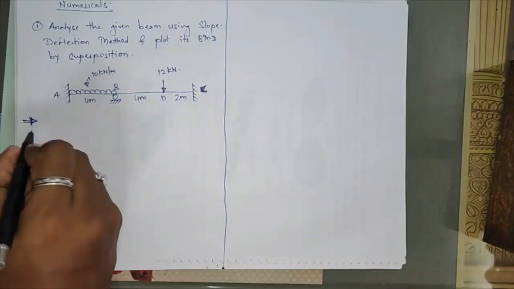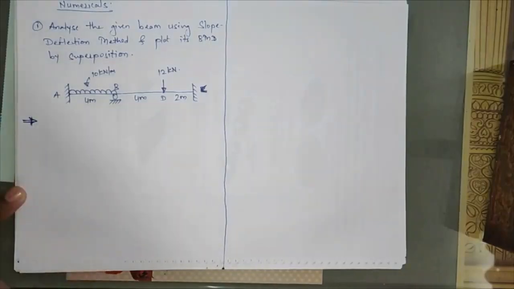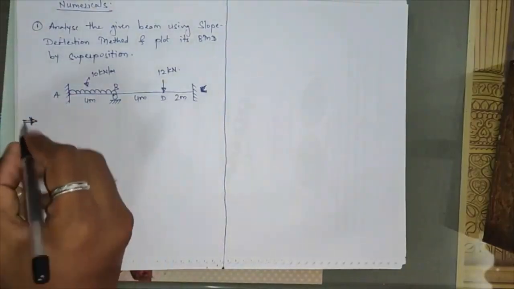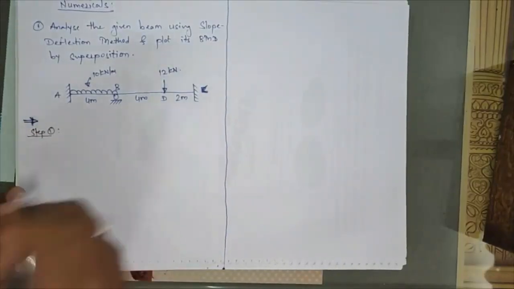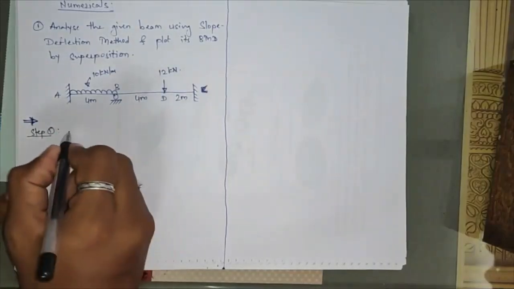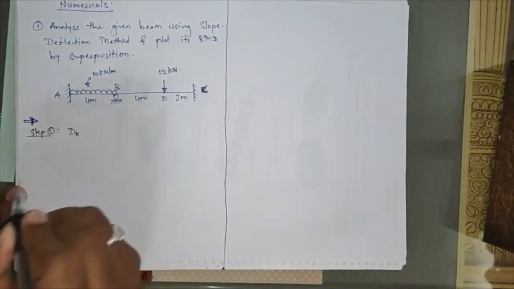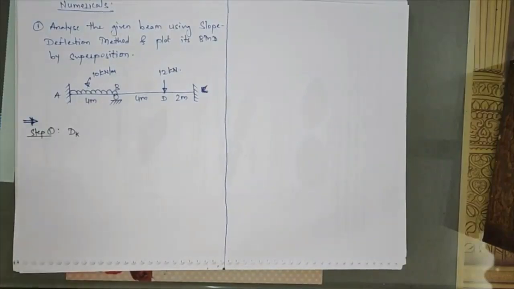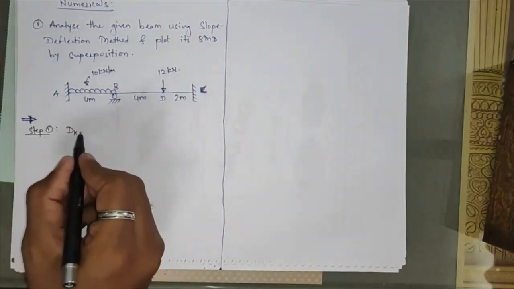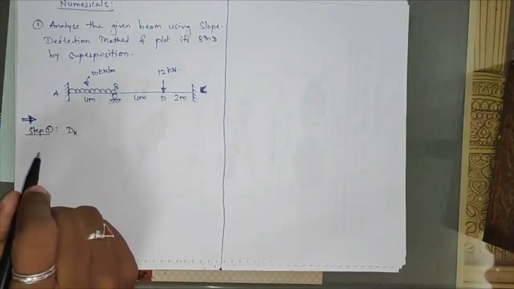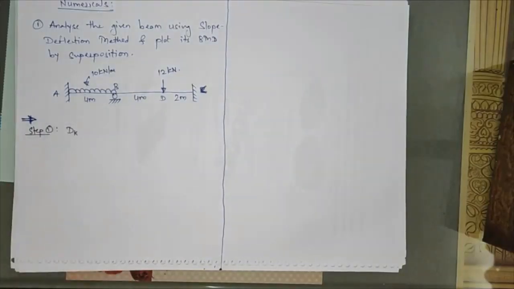In the solution, the very first step, as we discussed in our previous video, is step number 1: you have to calculate the DKI values. What is DKI? It is the degree of kinematic indeterminacy, which is related to non-zero joint displacements.